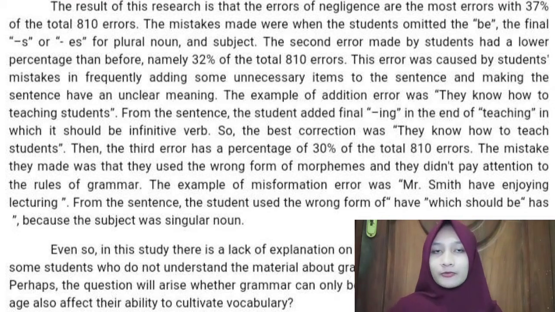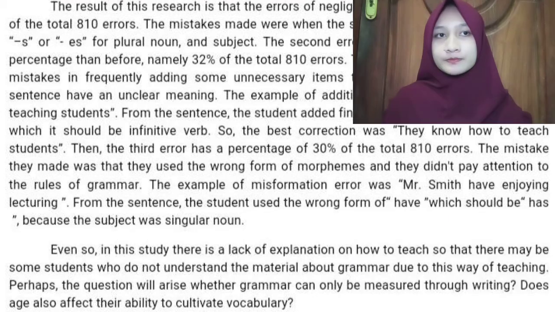The example of a misformation error was "Mr. Smith have enjoyed lecturing." From the sentence, the student used the wrong form of have, which should be has, because the subject was a singular noun.